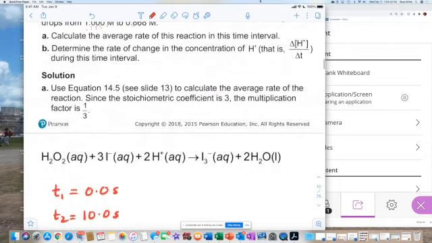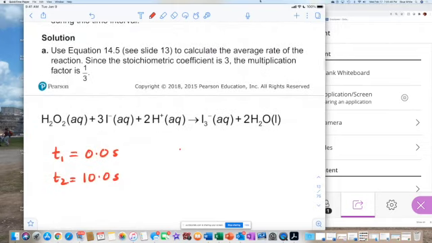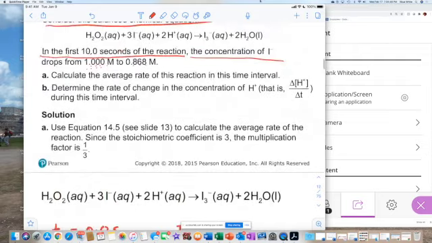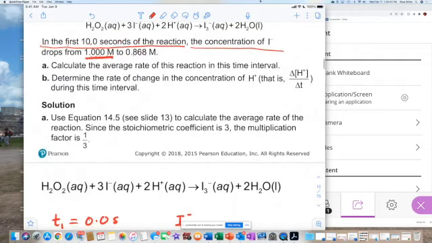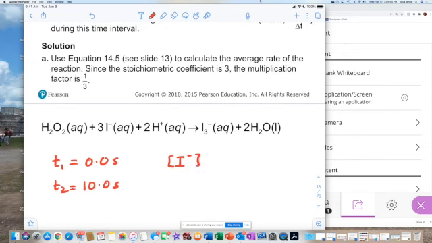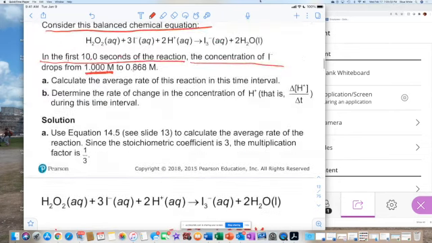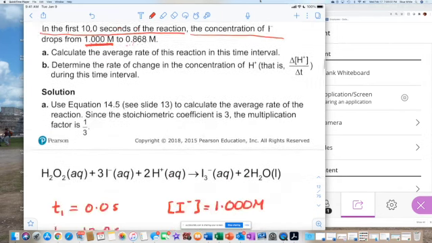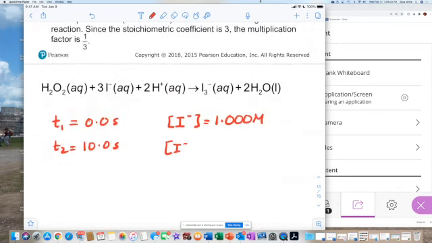When time was 0.0 seconds, before anything happened, the concentration of I minus was this number right here, 1.000. And then I minus dropped to 0.868 molar. Now you can write this as I at T1, I at T2. I just write it as 1 and 2, or initial and final.